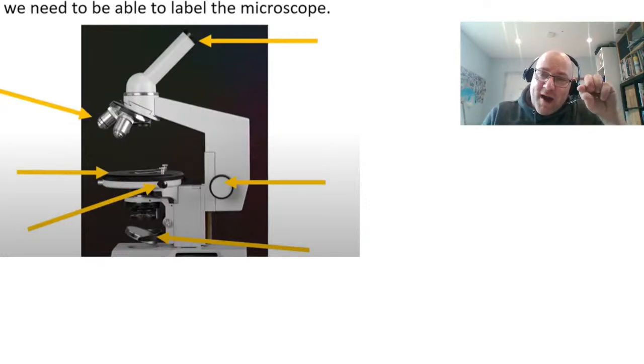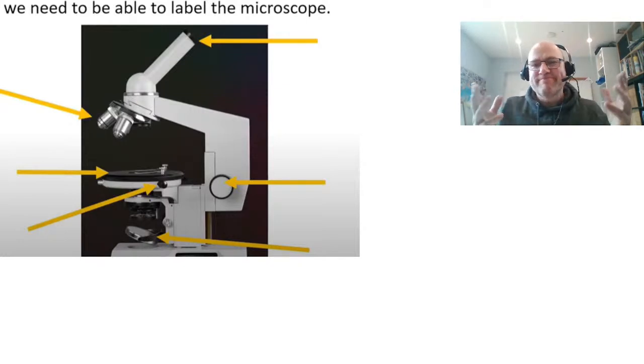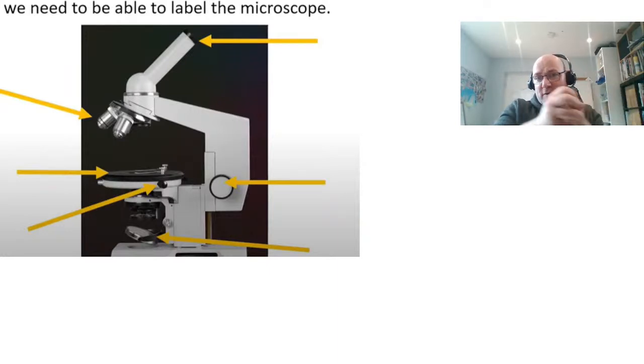And then the fine focus allows you to see things clearly. What you look through is the eyepiece lens, and then you have an objective lens, which you can rotate like that. And then the stage, which they've never asked about, but the stage is the platform that you put everything on.